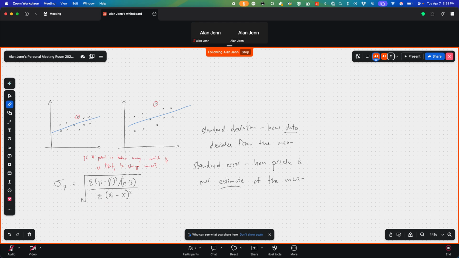Okay, so the difference being standard error is concerned about essentially how wiggly that blue line is, whereas the standard deviation is about properties of the data.